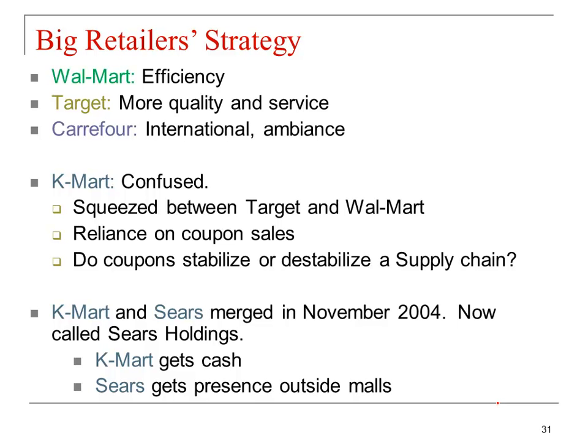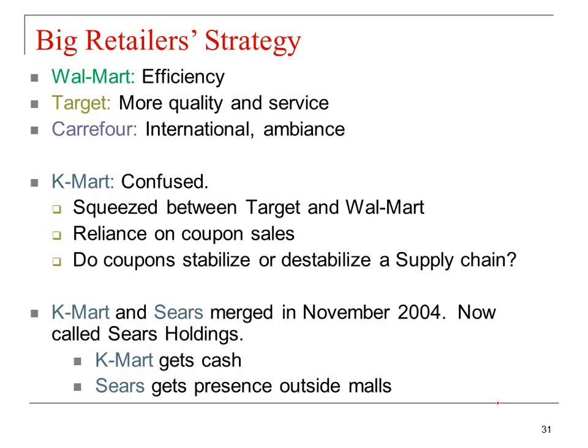In terms of big retailer strategy, Walmart focused more on efficiency. Target tried to be the competition of Walmart, but they focus more on quality and service. And this one is international, and the focus is on buying.